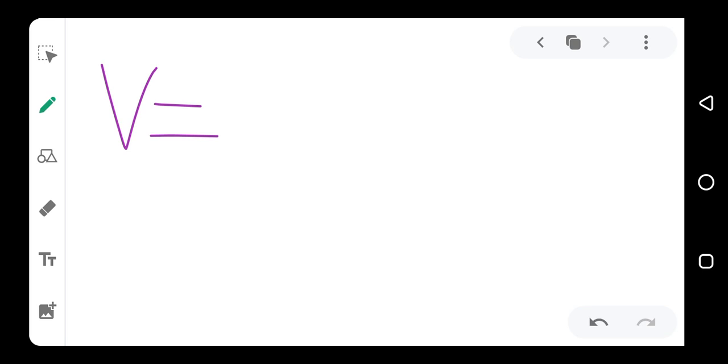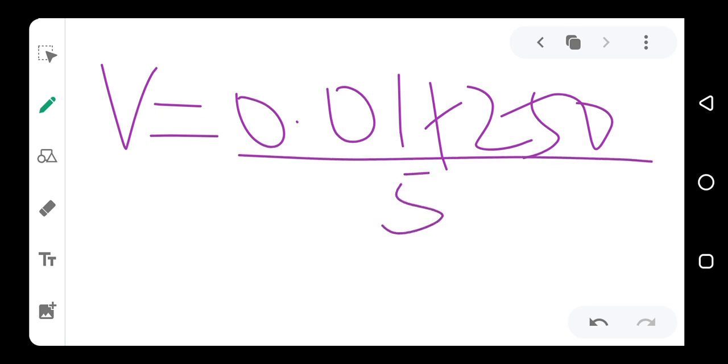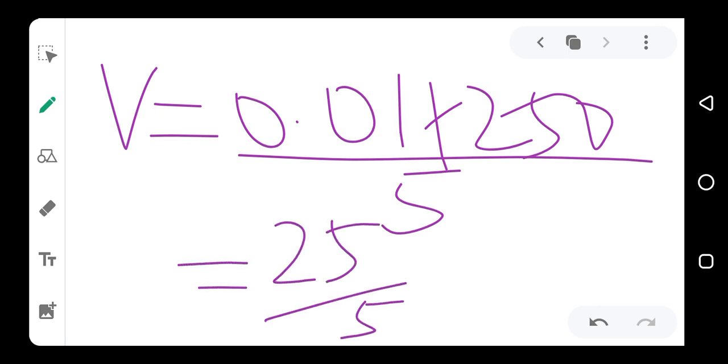Now we have that V is equal to 0.01 times 250 divided by 5, which is equal to 2.5 divided by 5.